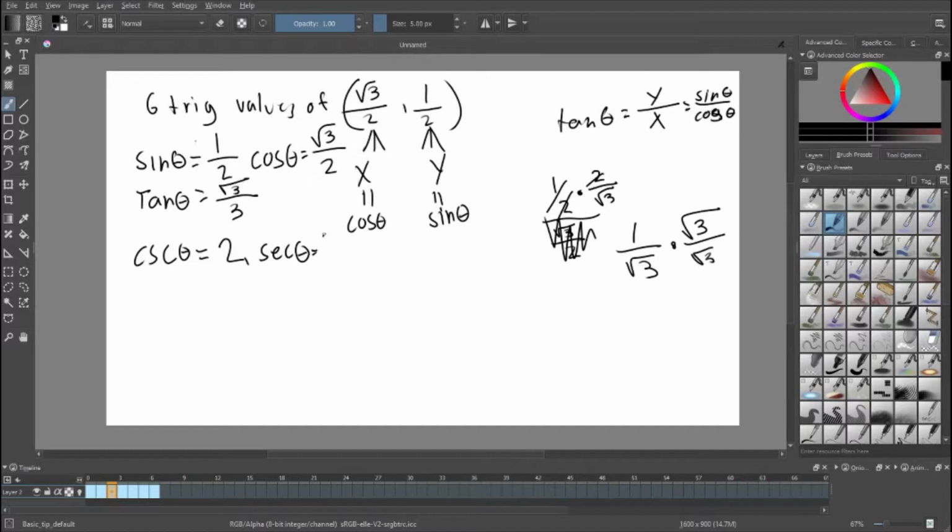So that would be 2 over square root of 3. But we have to rationalize, so we multiply it again, and that's going to equal 2 square root of 3 over 3.